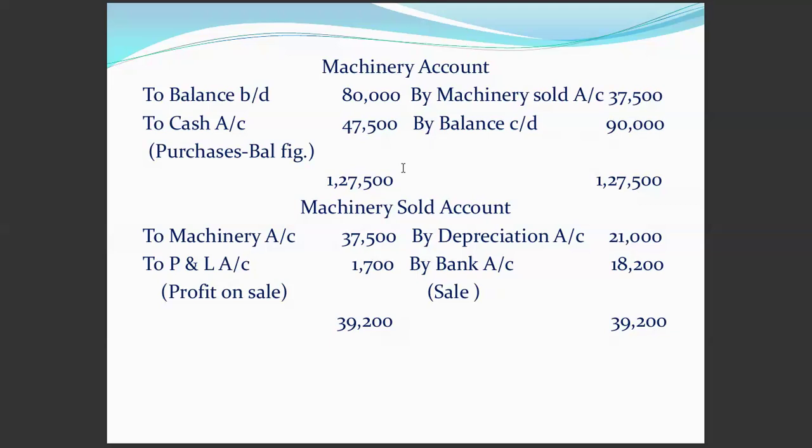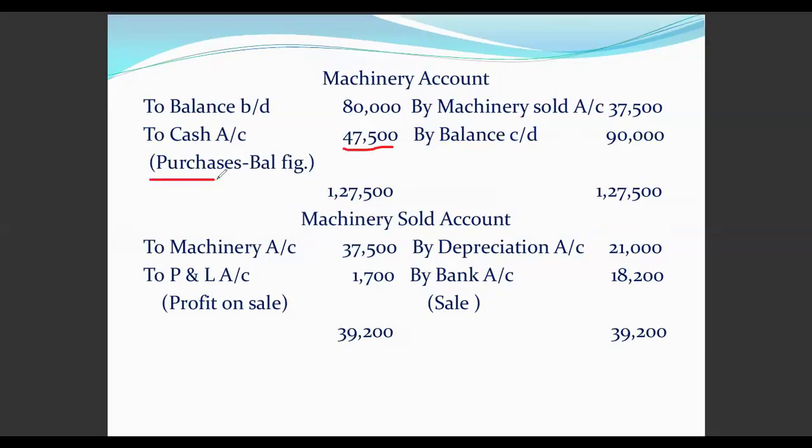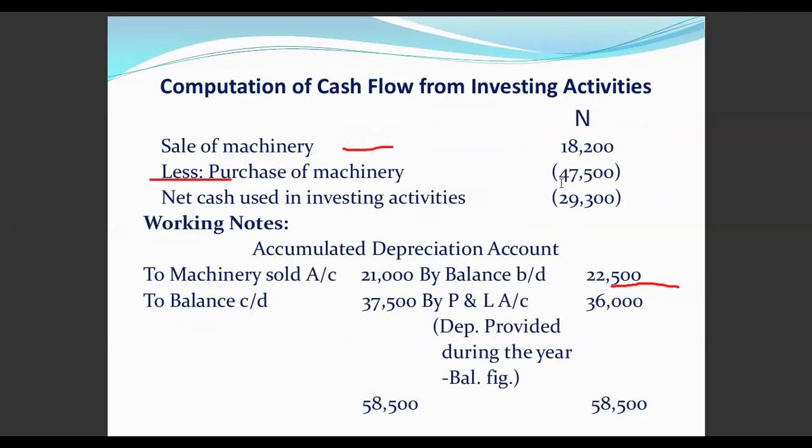But since change in profit or loss, we are not concerned in cash flow. Our most important is how much money I received. So the two figures for us is purchase and second sale of 18,200. And same is replicated in cash flow.